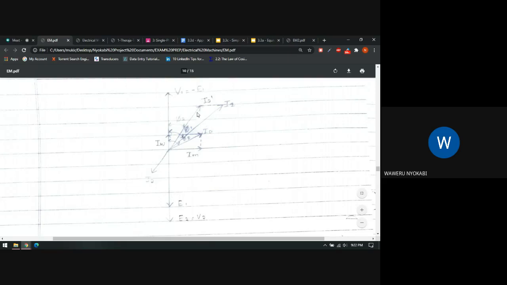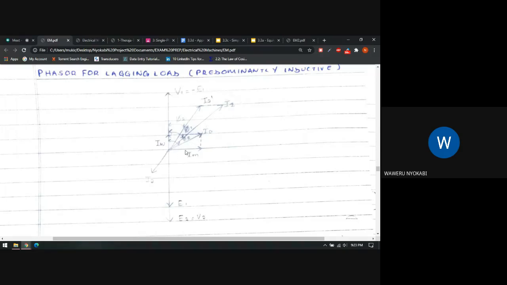Now on the primary side, I1 is equal to I naught plus I2 prime. That's the current being drawn by the transformer on the primary side.